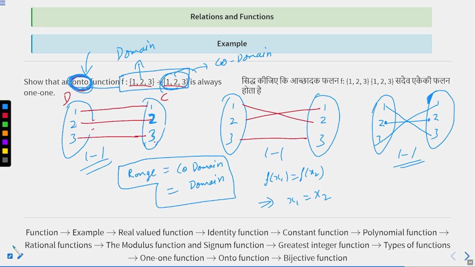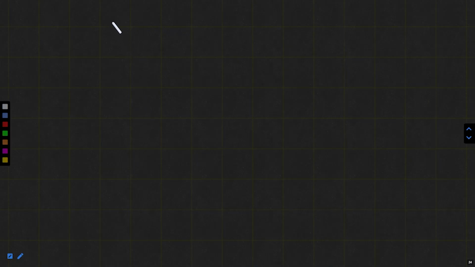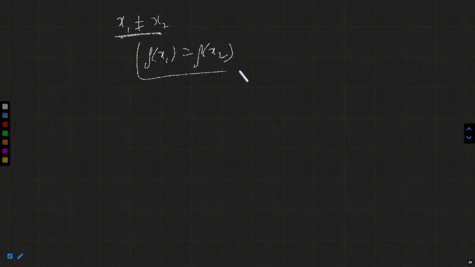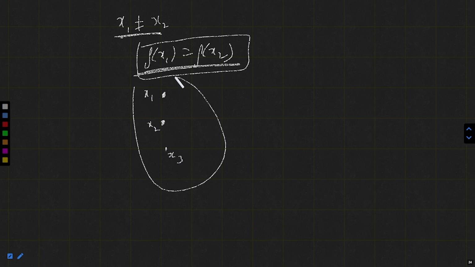If this doesn't happen, if you are saying that x1 is not equal to x2 and still f(x1) is equal to f(x2), this cannot happen, because this means two different elements, let's say x1 and x2, map to the same element. We have in total 3 elements, 1, 2, 3. So I am saying 1 as x1, 2 as x2, and 3 as x3.